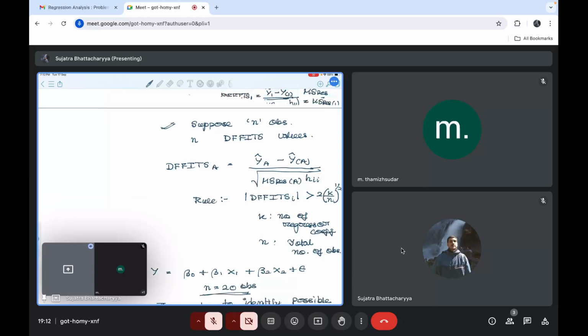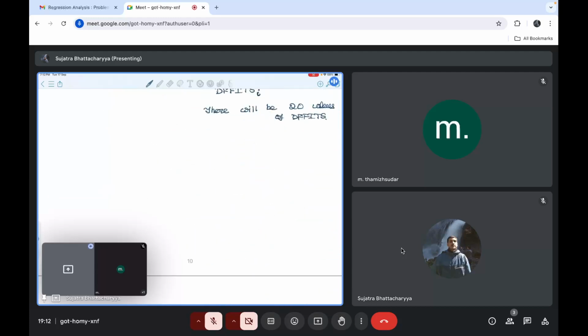Fine. Similarly, you have another test for influential observation, that is DF betas. This is also important. DF betas. So with betas, you can understand that these are the difference between the regression coefficients.